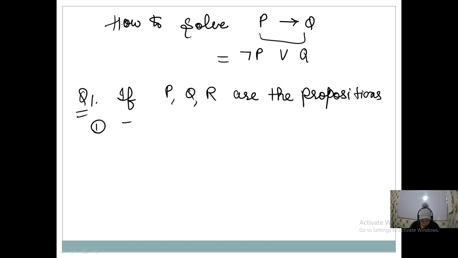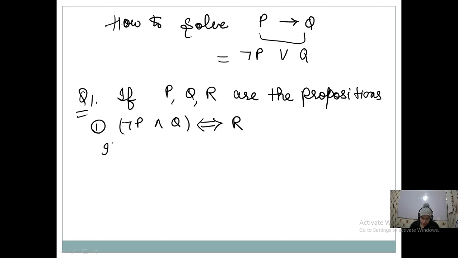First we are given not P and Q implies biconditional R. I will take the statements from the previous example.